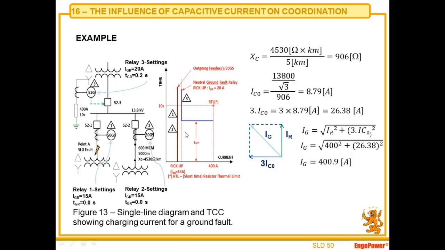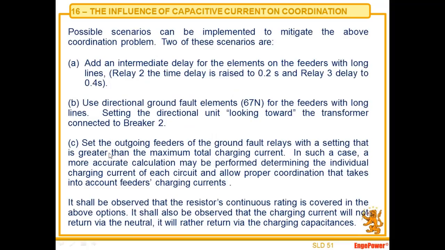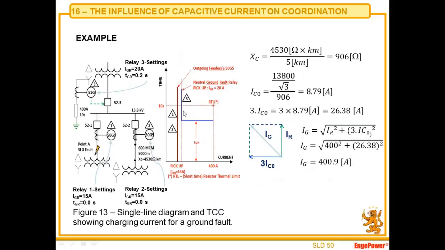So you may use directional elements. Or set the pickups of the ground fault relays with a setting that is above the maximum total charging current. But you have the 20 amps that are your limit. So in this case, you could not do this.